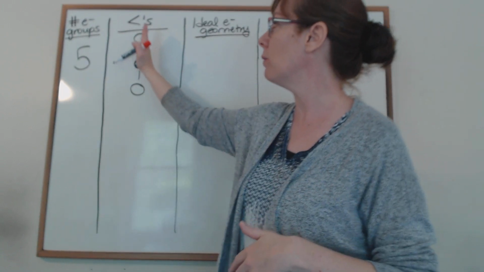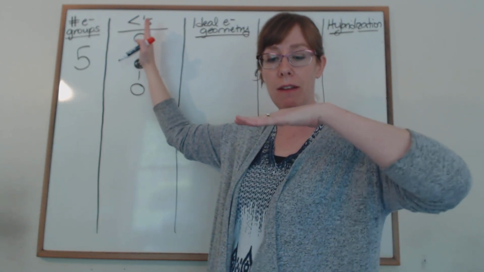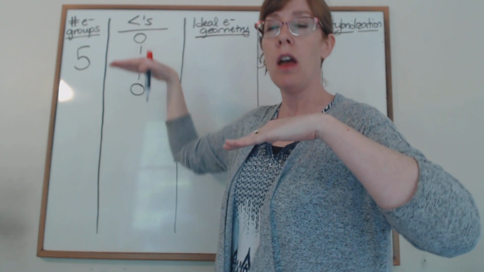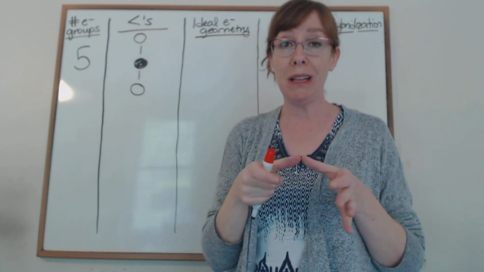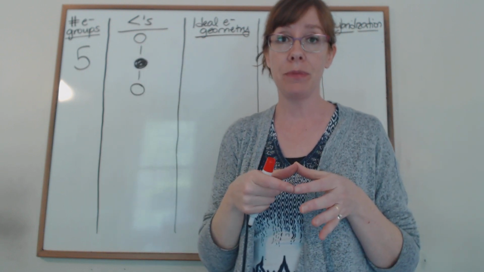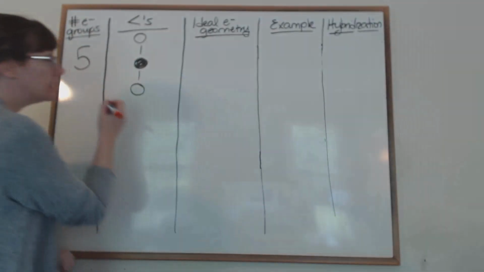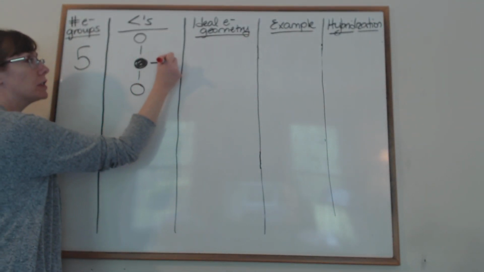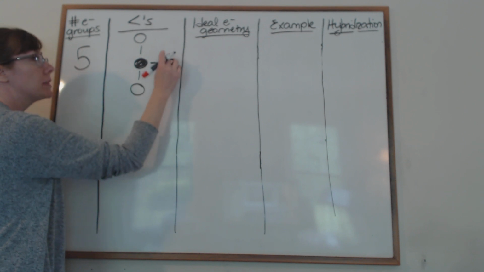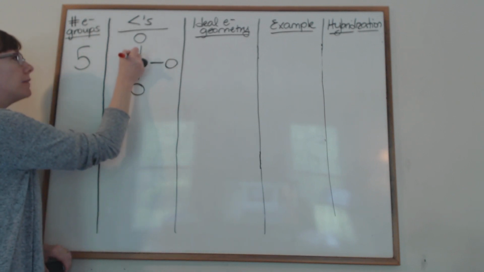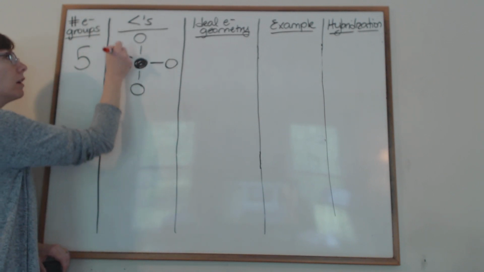If you took this molecule and looked at the horizontal plane, it's a trigonal planar arrangement, and on this plane they're 120 degrees from each other. So you would just draw one right here, one right here, and then you would have 2 right here.